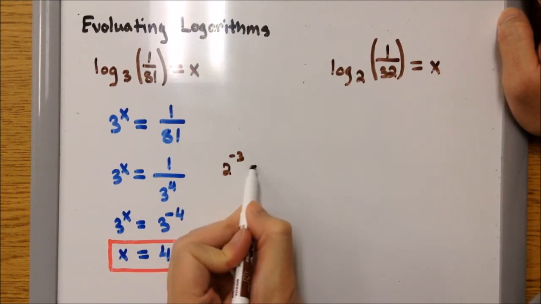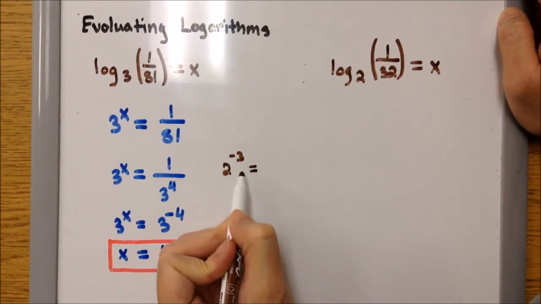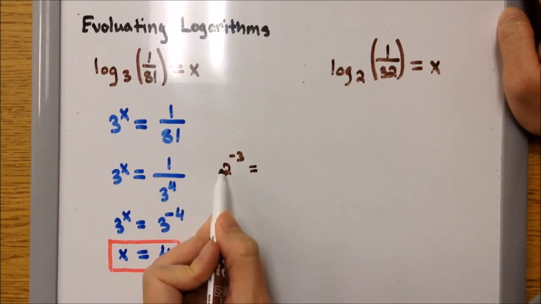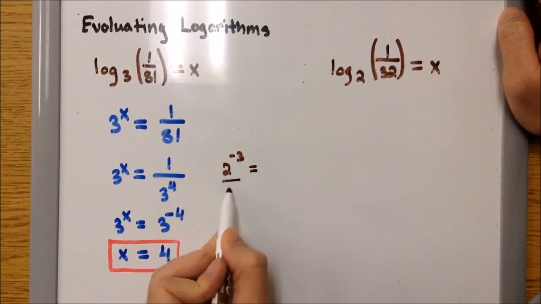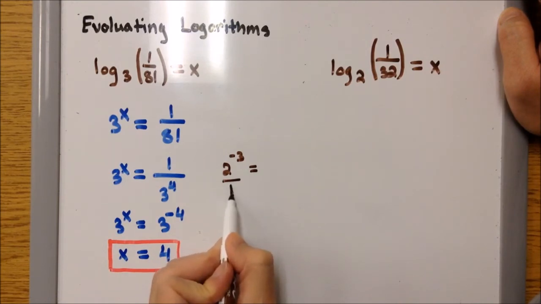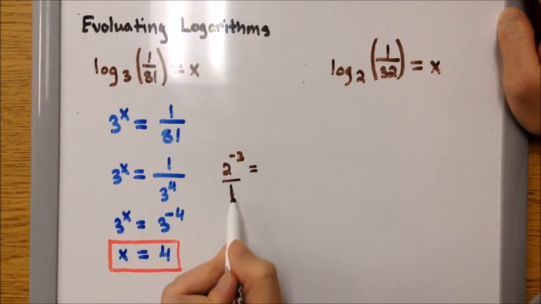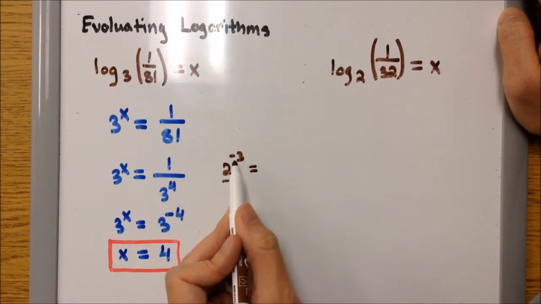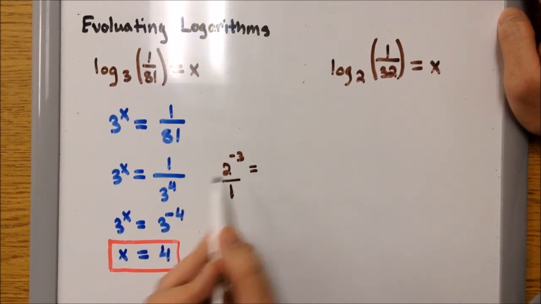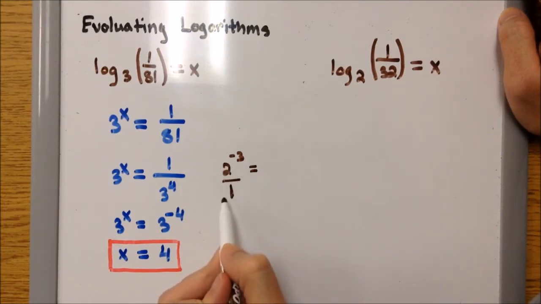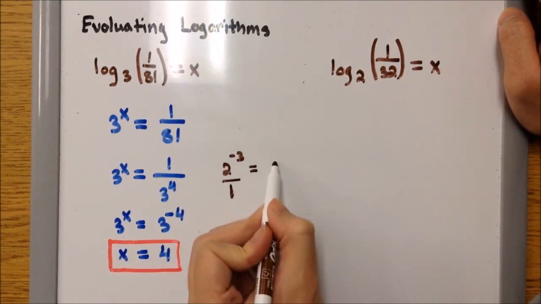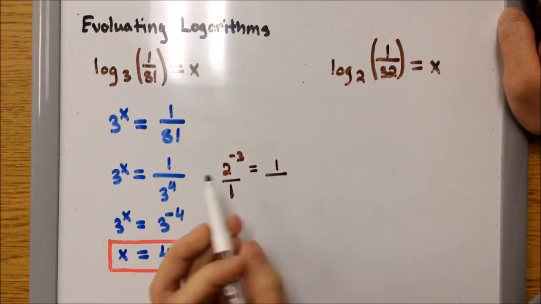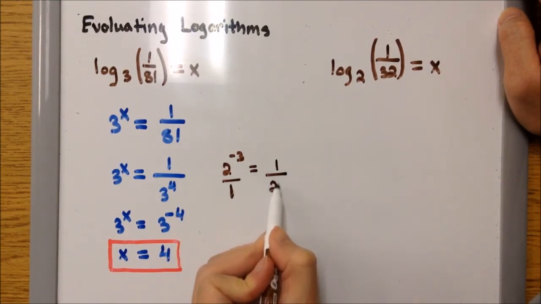To do that, you bring it down to the denominator. Right now, 2 to the negative 3rd power is the numerator. If I convert this to a fraction, 2 to the negative 3rd power is in the numerator spot. So to convert this negative exponent to positive, you bring it down to the denominator: 1 over 2 to the 3rd power.